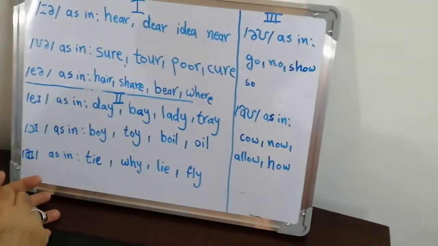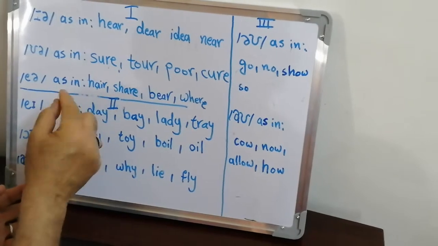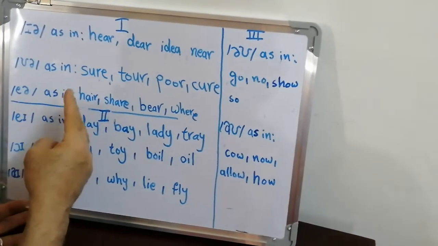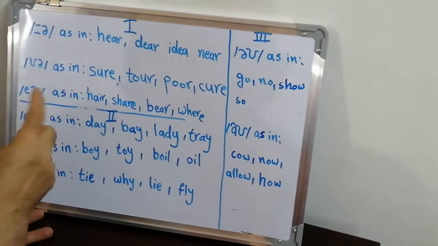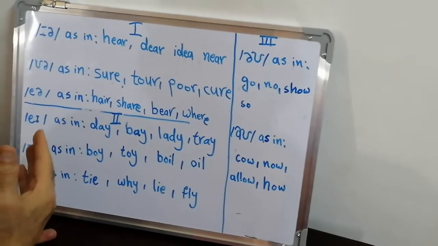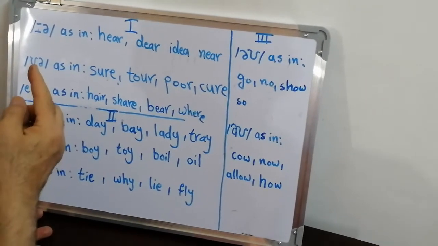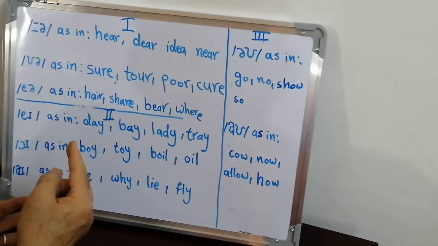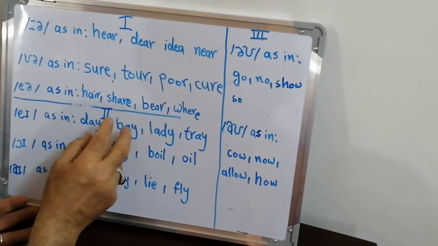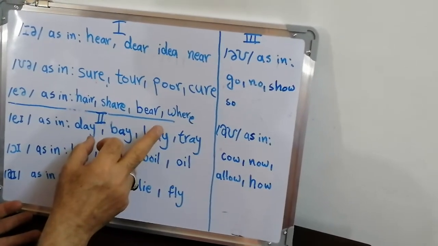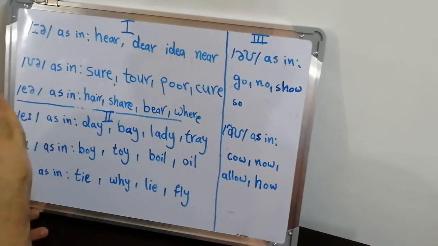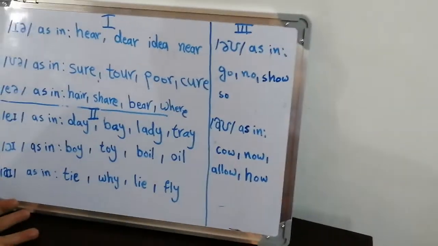Now, remember, this is a short vowel. I don't want you to mix this vowel sound with another pure sound, which is like this sound but longer, as in bird, as in shirt. This is the short one, as in her, were. So please keep this in mind. Maybe I'll practice this with you later.